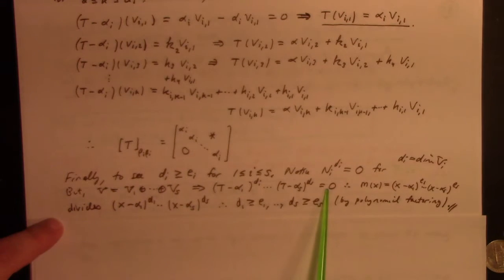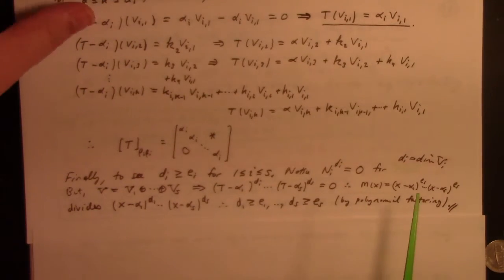And so that means that the polynomial (x minus alpha i) to the di must be divided by the minimal polynomial. And so it follows then that d1 has to be greater than or equal to e1, and ds has to be greater than or equal to es all the way down the line by polynomial factoring, and there you go. That's the triangular form theorem.